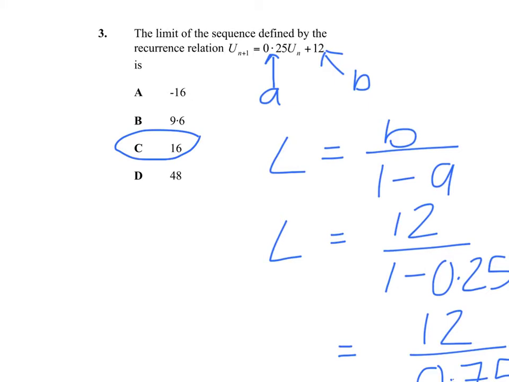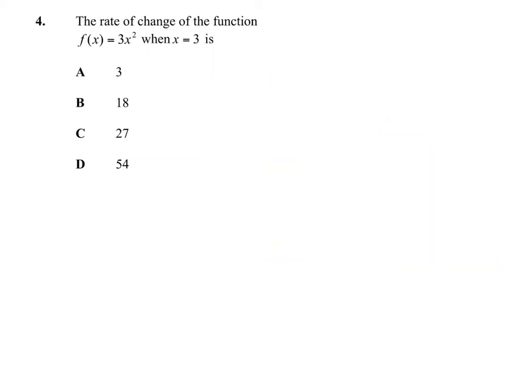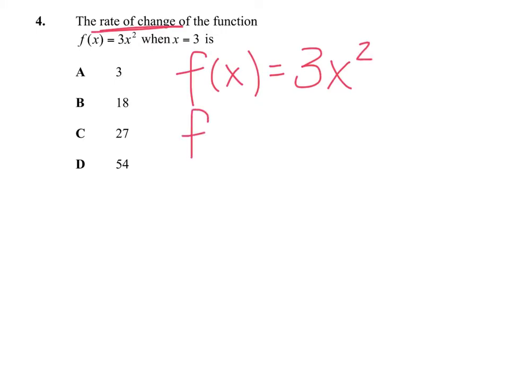Question number 4. The rate of change of the function f of x equals 3x squared when x equals 3 is. So first of all, rate of change is the important thing here. When we see that, we should know to differentiate. So f of x equals 3x squared is what we start with.